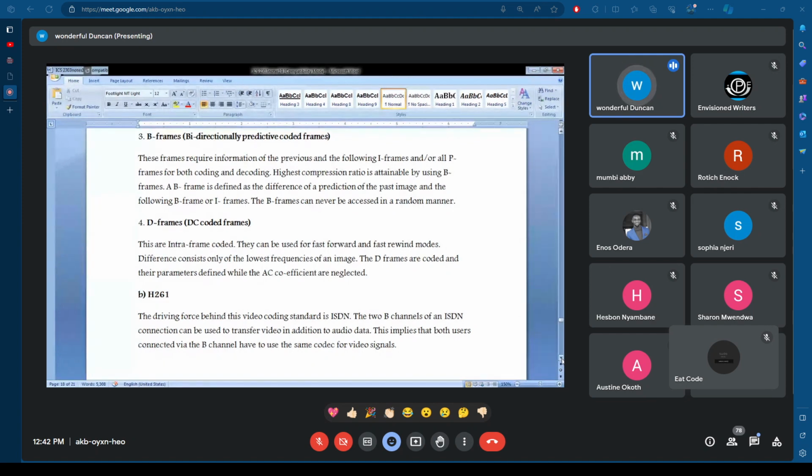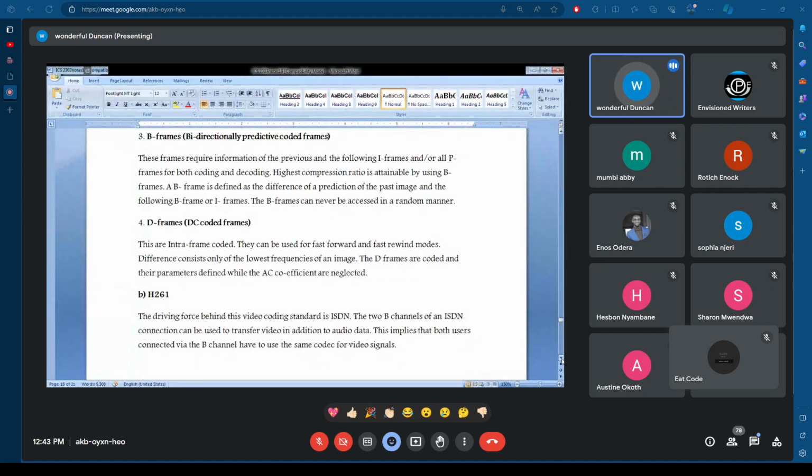So you have to start with the I frame, then the B frame and the predictive frame. Or if we have a predictive frame, it is I, then B, in the same order. You cannot access the B frame before you access the I frame.